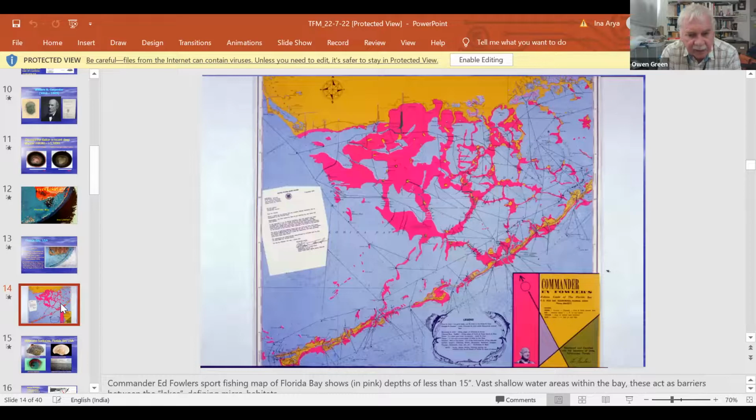so it creates Florida Bay, which, although it might appear to be a large marine expanse, I'm showing you here Commander Ed Fowler's sport fishing map, which I quite enjoy looking at, because all the pink areas on here are water depths of less than 15 inches.